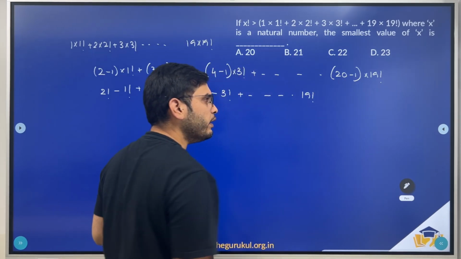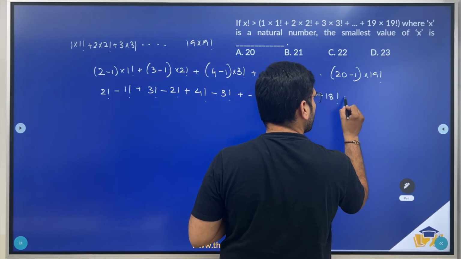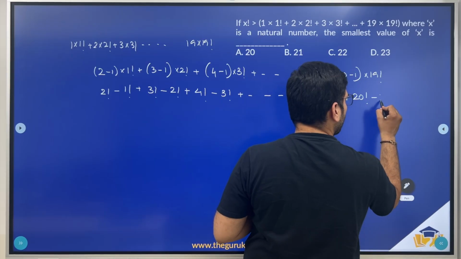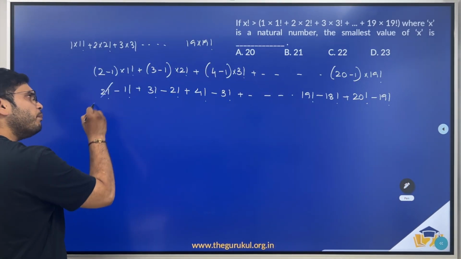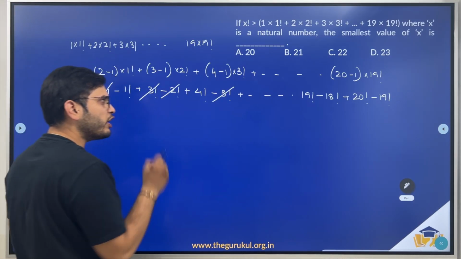18 factorial into 19 will be 19 factorial minus 18 factorial, plus 20 into 19 factorial, 20 factorial minus 19 factorial. Now if you observe, plus 2 factorial minus 2 factorial, plus 3 factorial minus 3 factorial.